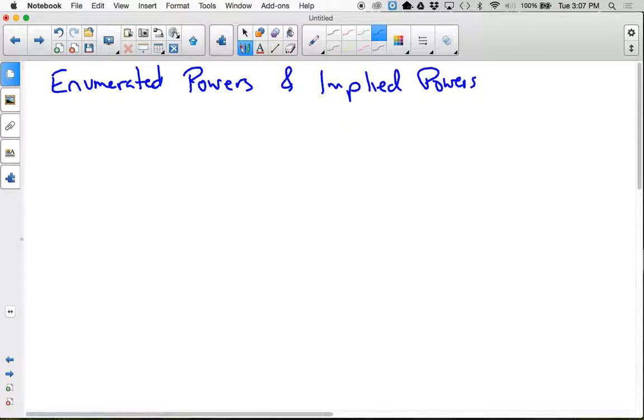The enumerated powers literally just list off what they can do. Borrow money, regulate commerce, they can tax, things like that. The Commerce Clause that says you can do business across state lines. All right? So these are all very clearly stated.